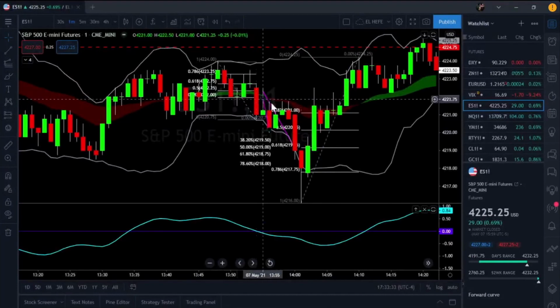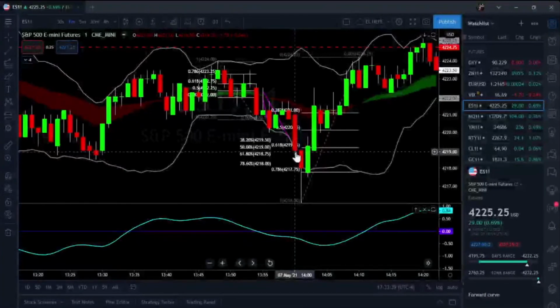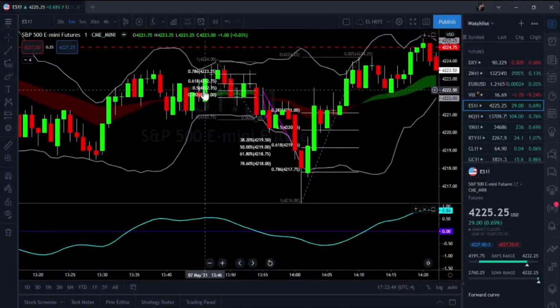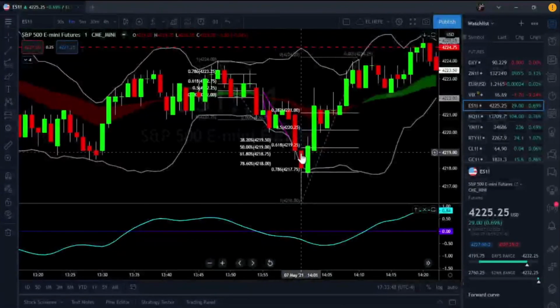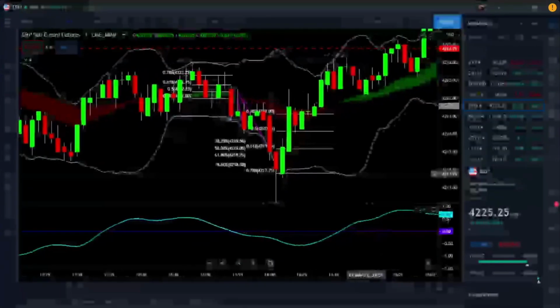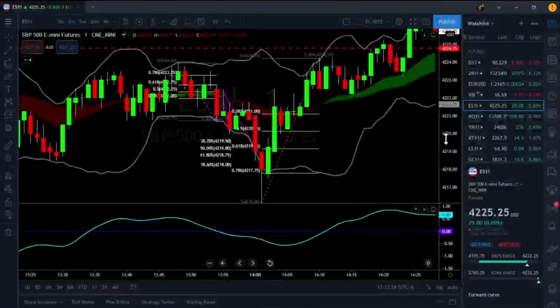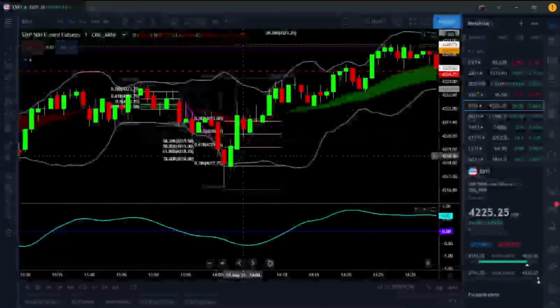Stop goes to break even, and we're looking for a target to be hit on this second one, and it was hit right down here, 42.19. So 42.22, 42.19, and immediately, that's a pretty quick trade, actually.